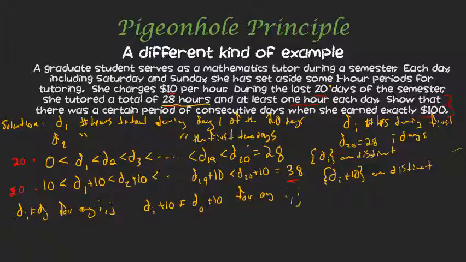But nevertheless, the pigeonhole principle tells us that since we have 40 numbers and only 38 possibilities, 2 of these numbers have to be the same. Since none of these numbers can be the same and none of these numbers can be the same, we have to have that, by the pigeonhole principle, D sub i must be equal to D sub j plus 10 for some i and j.